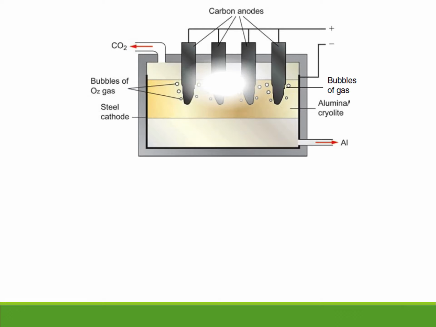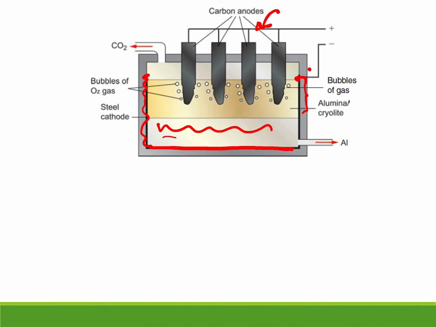If we look here, here's my steel casing, that's my cathode. There's my carbon anodes. This first part here is the cryolite molten alumina solution. All of this is the liquid aluminium that's coming out. It's been done at such a high temperature that it comes out as a liquid.